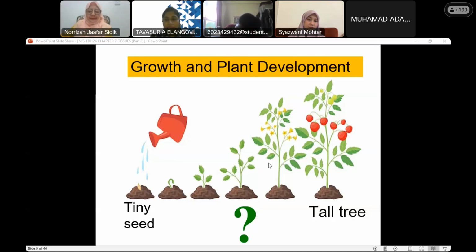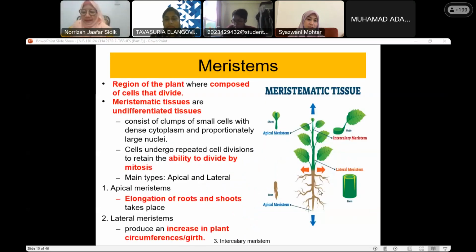If we look at this diagram on the right side, you can see they are located at the tips of the shoots and also at the root tips. This meristem we call apical meristems.